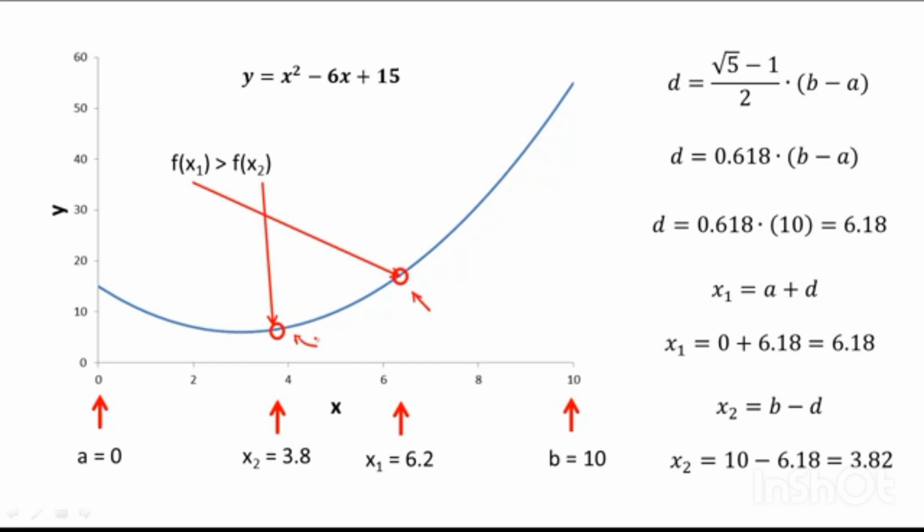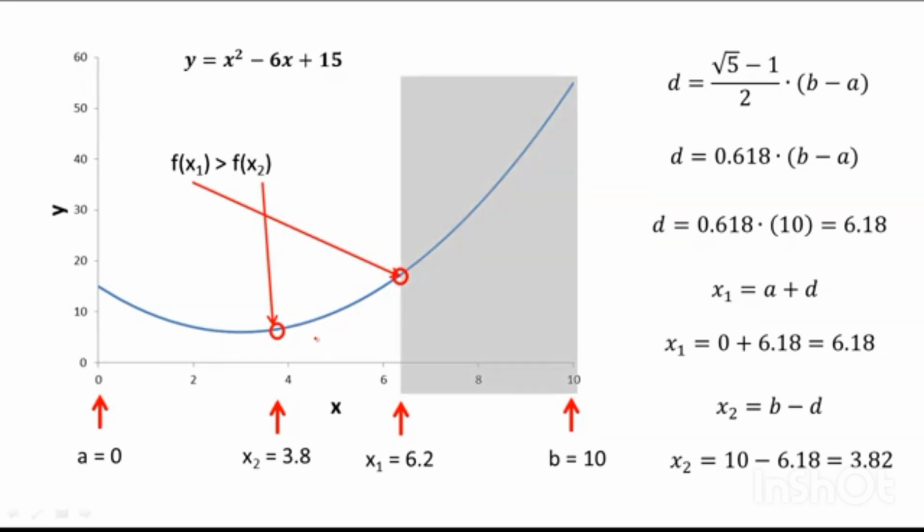What this means is we can completely eliminate everything to the right of x1, because the minimum can't lie to the right of x1, since we already found something that's less than f of x1. When using this technique, x1 becomes the new b, our upper bound, and x2 becomes the new x1.